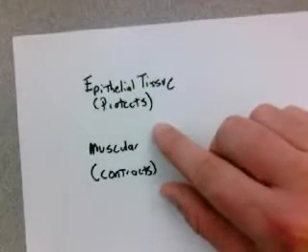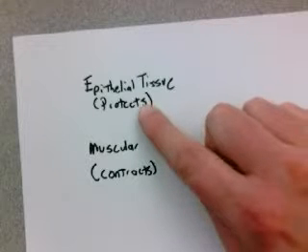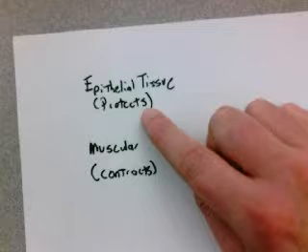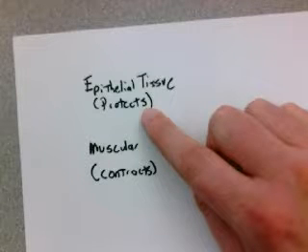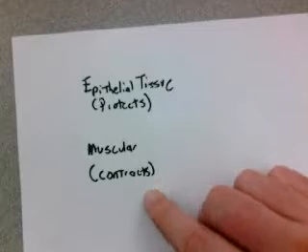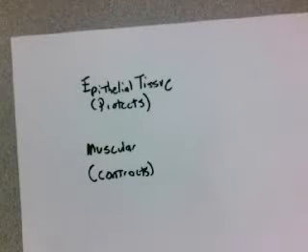Some glandular tissue is made of epithelial tissue, so some types of epithelial tissue also secrete things. Muscular tissue is going to contract, so when it contracts it gets shorter, and when it gets shorter, it moves things.